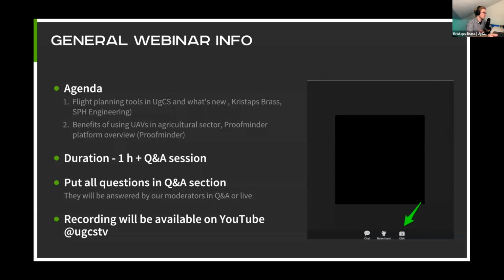I'm sure many of you have already seen it, but for those who haven't, I'll do a brief overview of what you can expect when you start using UgCS for your flight planning. Then we'll move on to the benefits of using UAVs in the agricultural sector, which will be covered by the guys from Proofminder. The approximate duration is about 1 hour, might be a bit more than that, plus the Q&A section.